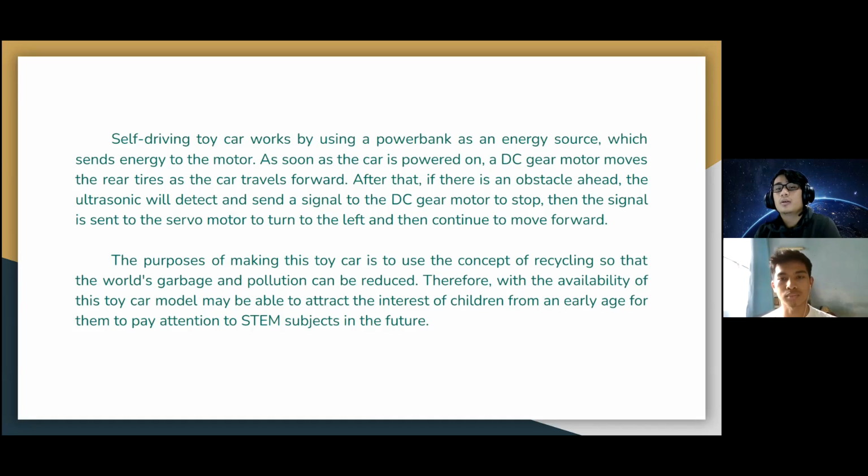After that, if there is an obstacle ahead, the ultrasonic sensor will detect it and send a signal to the DC gear motor to stop. Then a signal is sent to the servo motor to turn to the left and then continue to move forward. The purpose of making this toy car is to use the concept of recycling so that the world's garbage and pollution can be reduced.